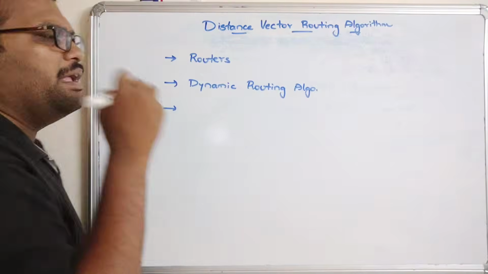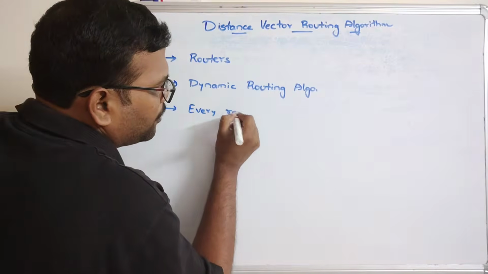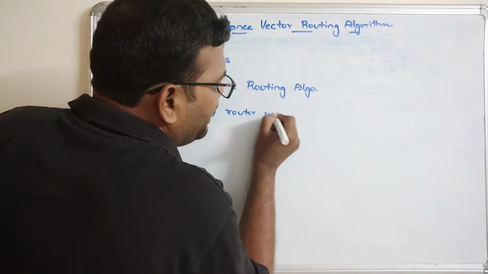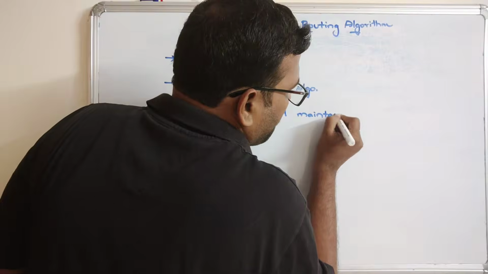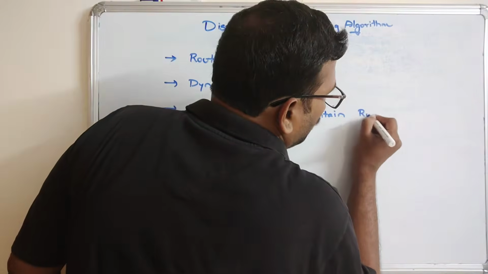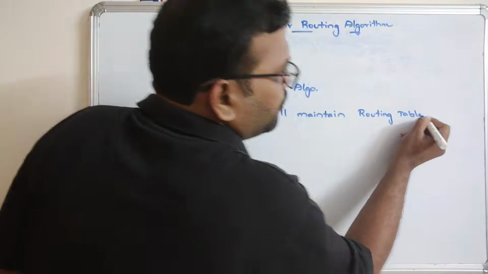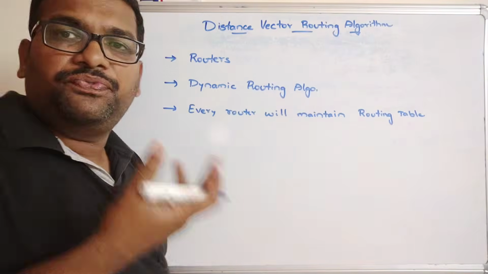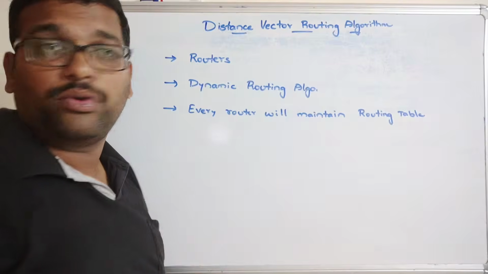And here every router will maintain a routing table. Which fields or contents will be available in this particular routing table?